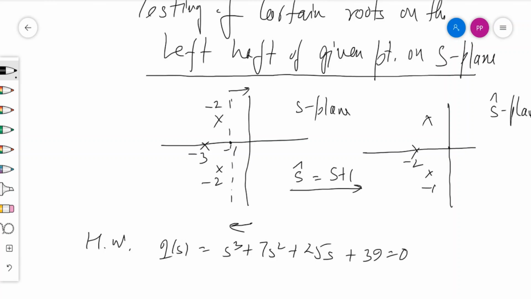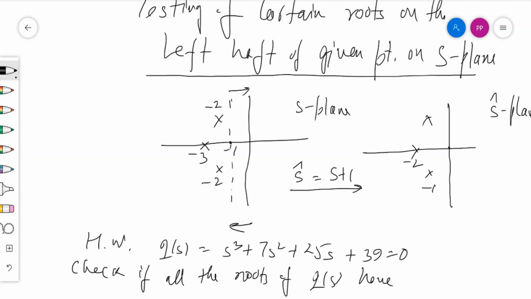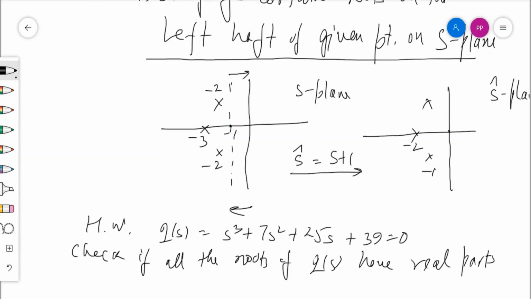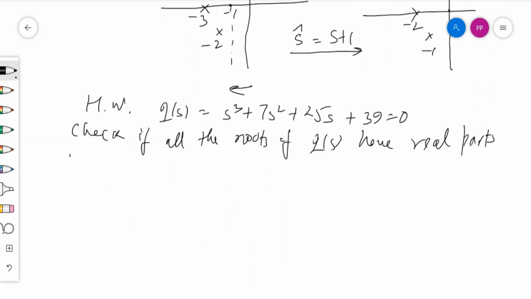You have to check if all the roots of the equation have real parts more negative than -1.